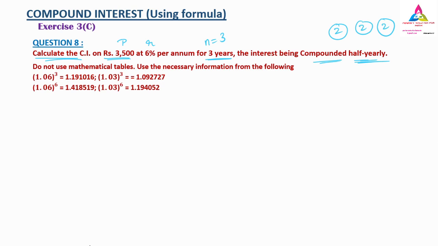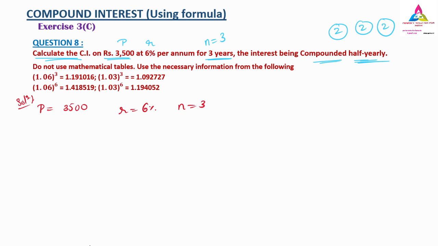Let us take the principal amount first. The principal amount they have given is 3,500, the rate of interest is 6%, and the n value is 3. Calculate the compound interest.